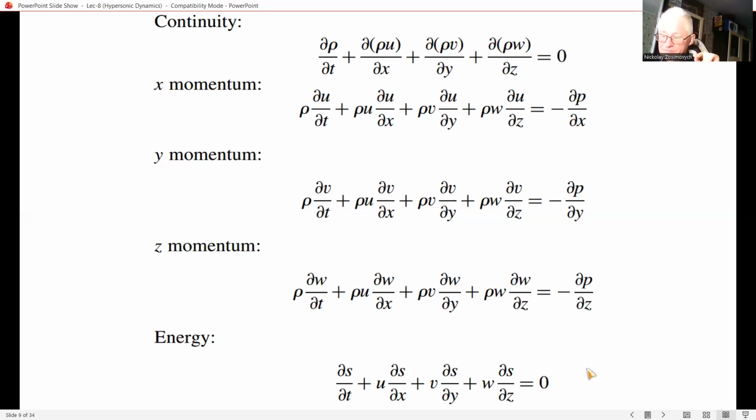Okay? So this is a slight misnomer. However, because all the exact solutions are numerical, and any numerical solution is subject to numerical error.